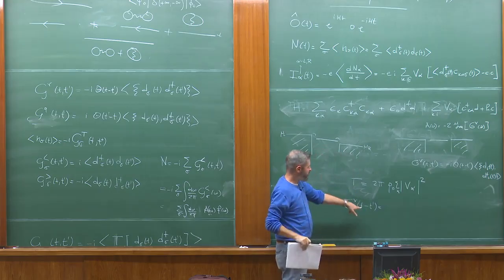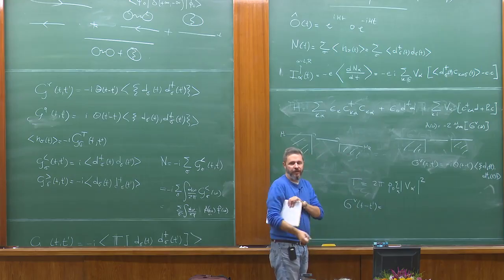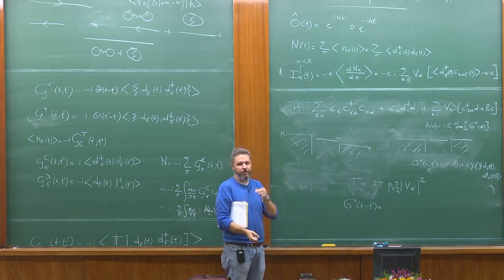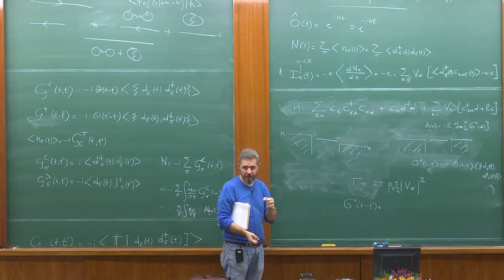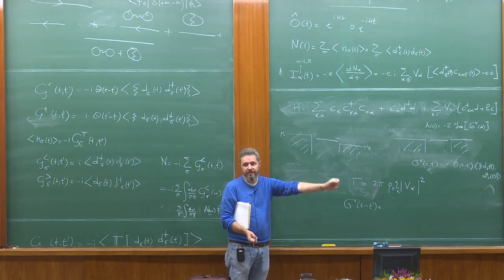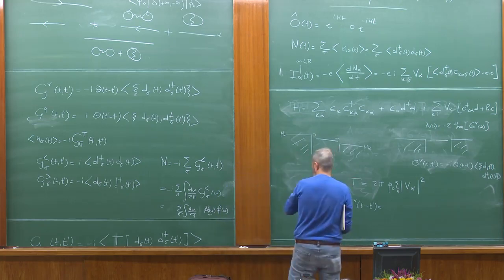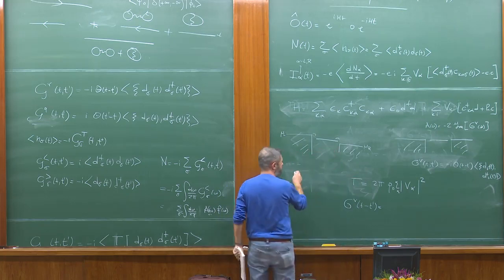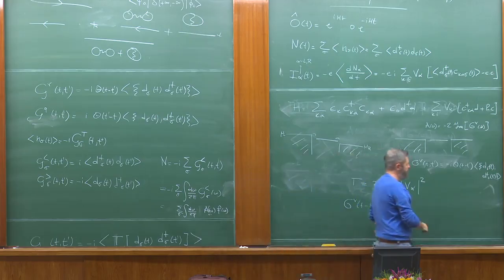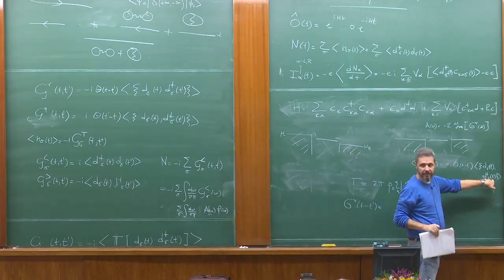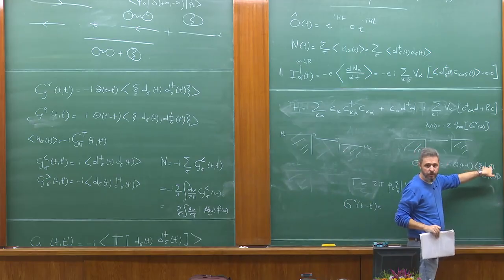So you want to compute this Green function. So what is a Green function? A Green function is the amplitude for the process in which I'm creating a particle at time t prime here, and then I'm destroying it at time t. And when I compute this Green function, you see, I'm creating this guy at time t prime, and I'm destroying it at time t.